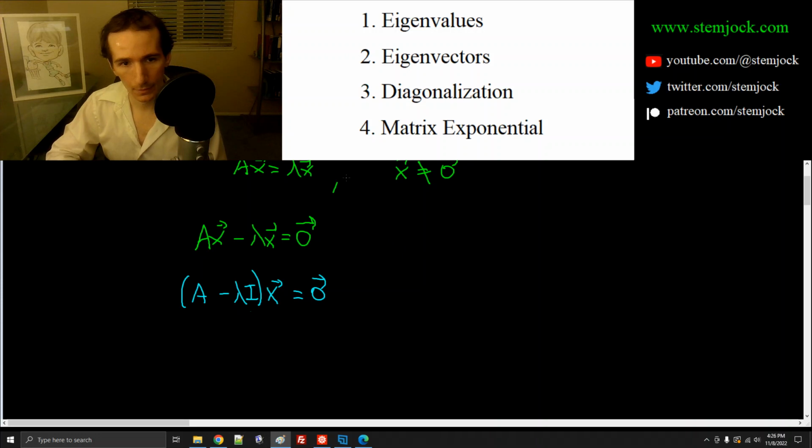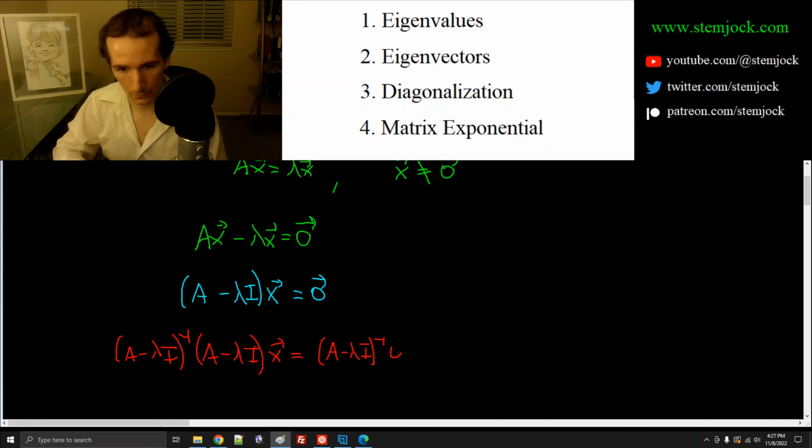So now, to solve for x, we would pre-multiply both sides of this equation by the inverse of the matrix in parentheses here. Doing so would give (A minus lambda I) inverse times (A minus lambda I) x equals (A minus lambda I) inverse times the 0 vector.